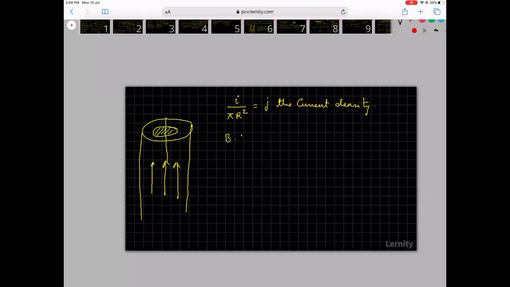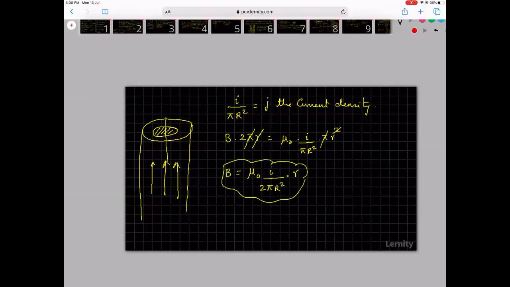So B into 2 pi r is equal to mu naught into current density I by pi R squared into pi small r squared. This pi gets cancelled, this r gets cancelled, and I will get B is equal to mu naught I by 2 pi R squared into r.